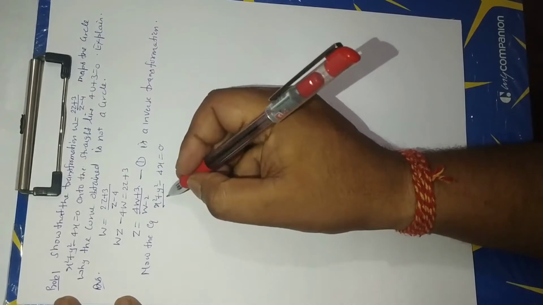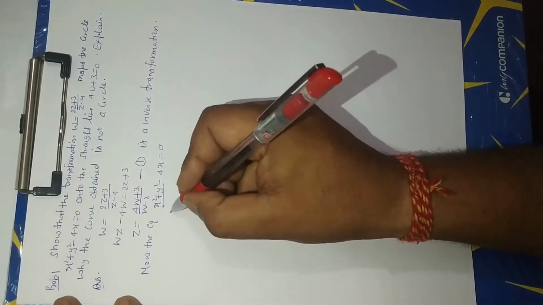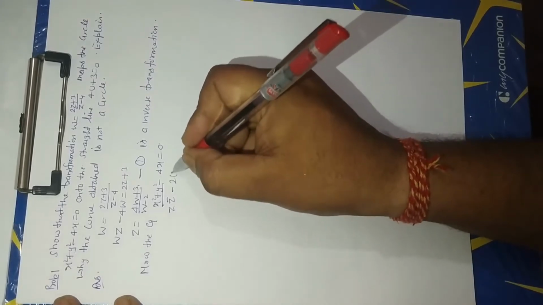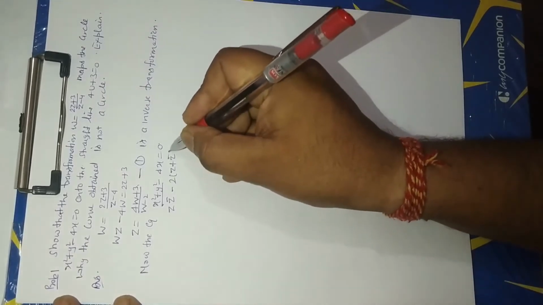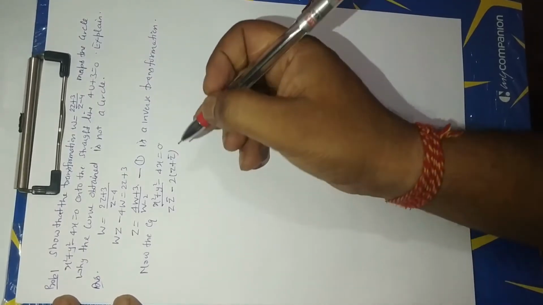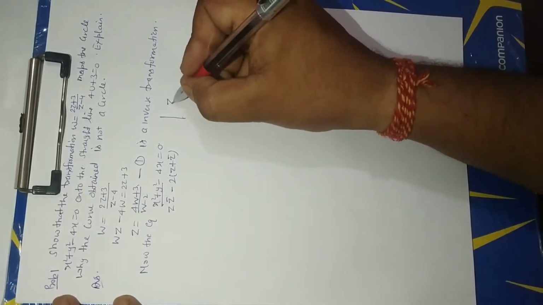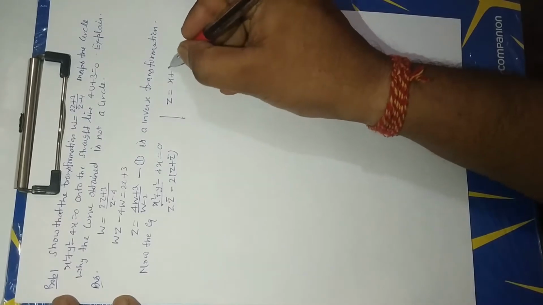Now the value of x square plus y square is z z bar, minus 2 times z plus z bar, where z equal to x plus iy.